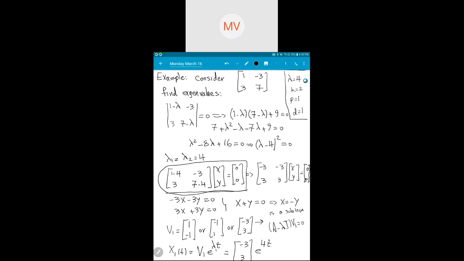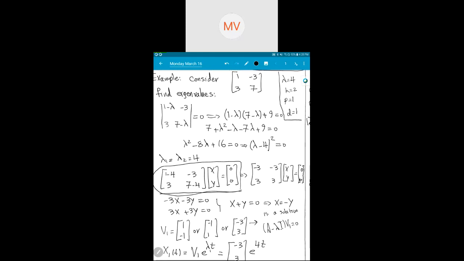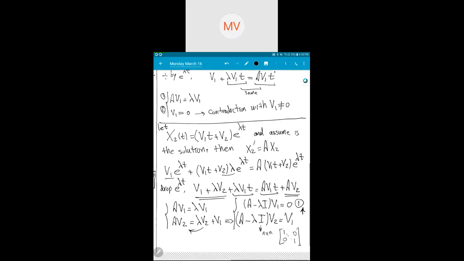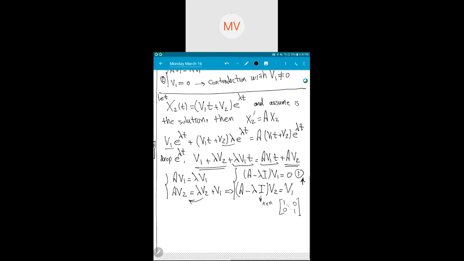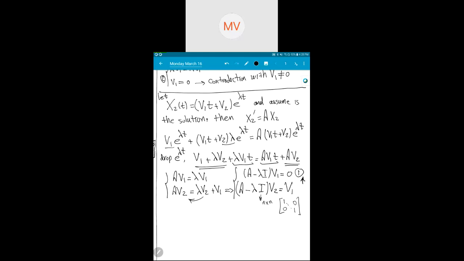Of course this is true, because we already found it by solving this equation. So that one doesn't tell us anything significant. We already know this.